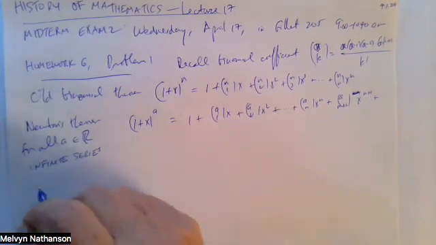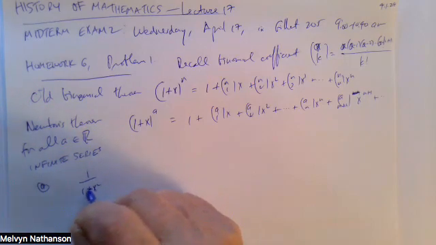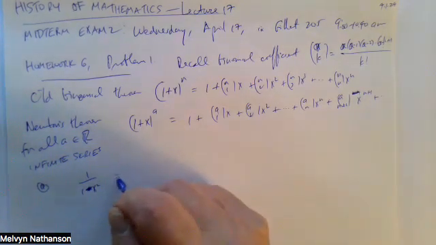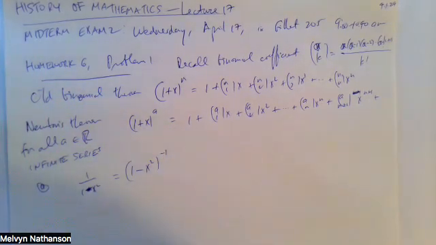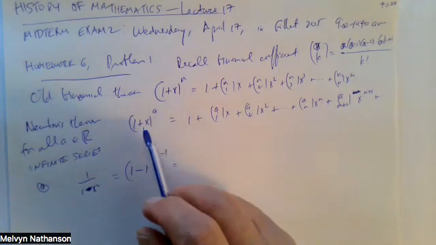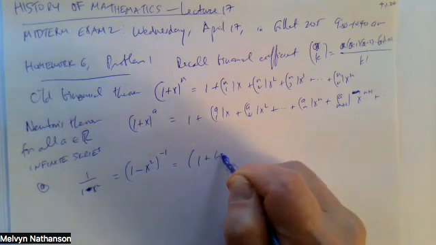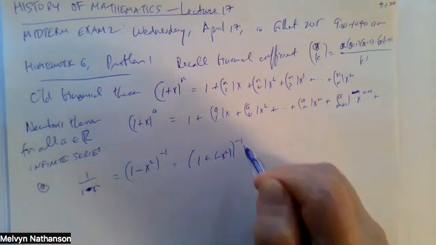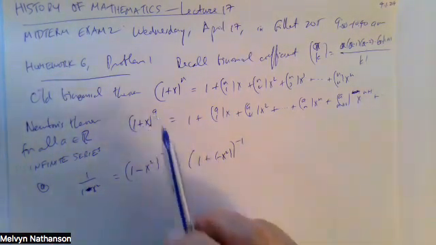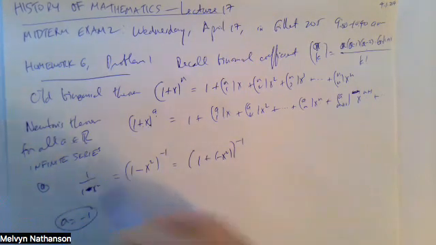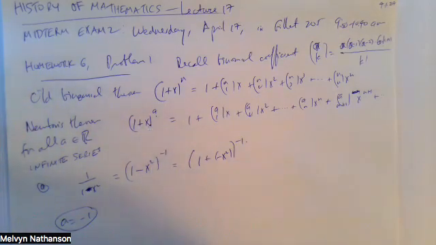So suppose we want to expand 1 over 1 minus x squared. So this is 1 minus x squared to the power minus 1. Or if I want to use a plus sign here, this is 1 plus minus x squared to the minus 1. So it's exactly of this form where a is equal to minus 1, that's the exponent, and instead of x, we have minus x squared.